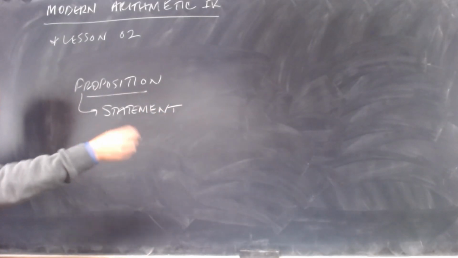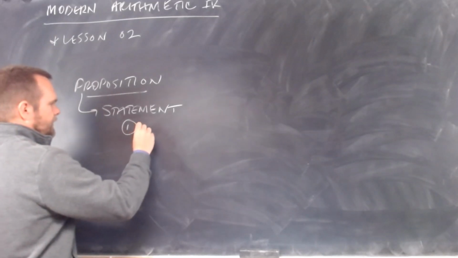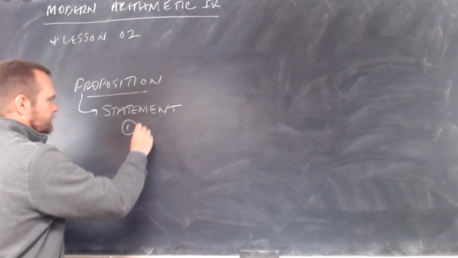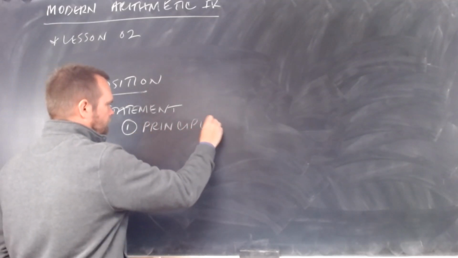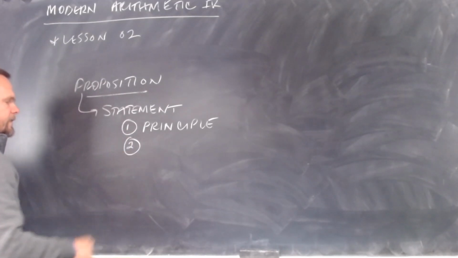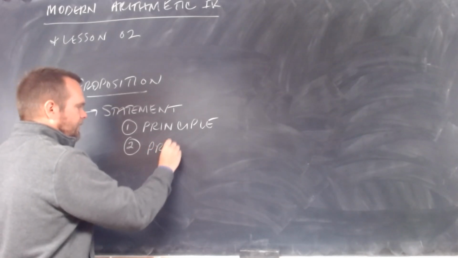What are the two kinds of propositions? One is a principle, a statement of a principle, or a statement of something proposed to be done. And we're going to see that that's a problem.